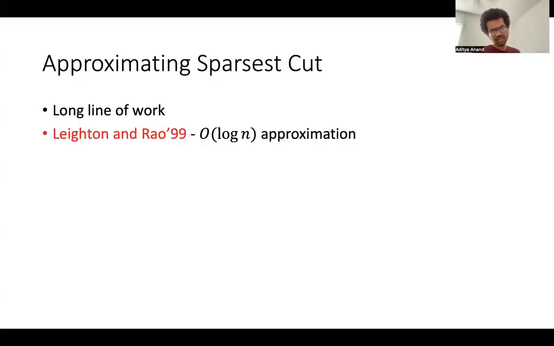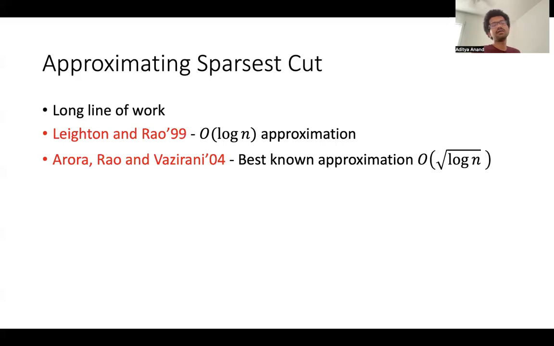So what is known about approximating sparsest cut? There's a long line of work. Leighton and Rao initially initiated the study of this problem with a log n approximation. Arora, Rao, and Vazirani then brought this approximation down to square root log n in their seminal work. And today that stands as the best known approximation for this problem.